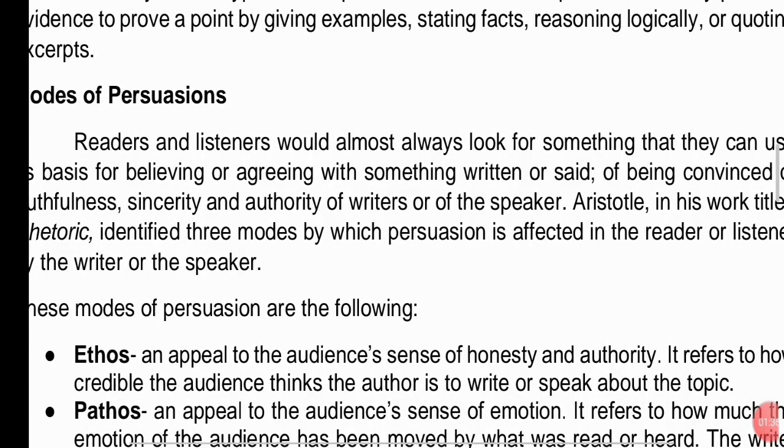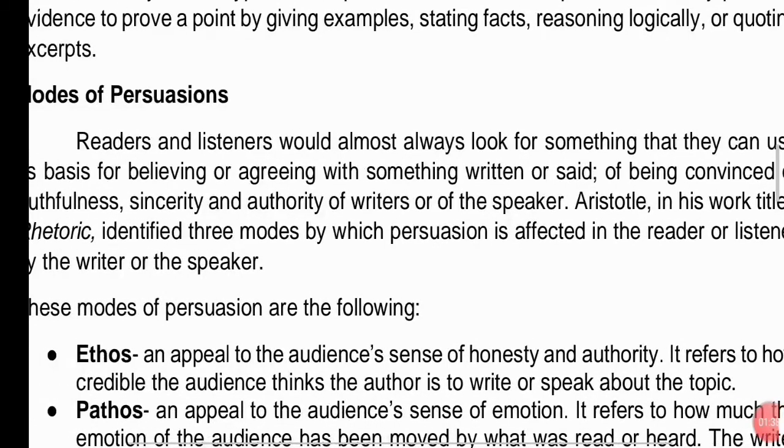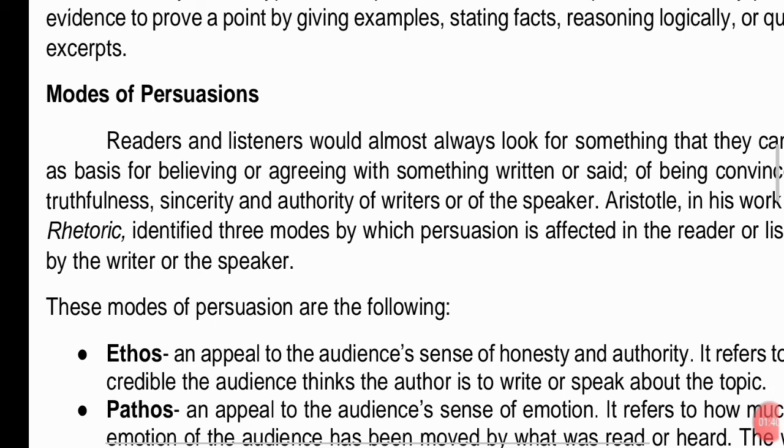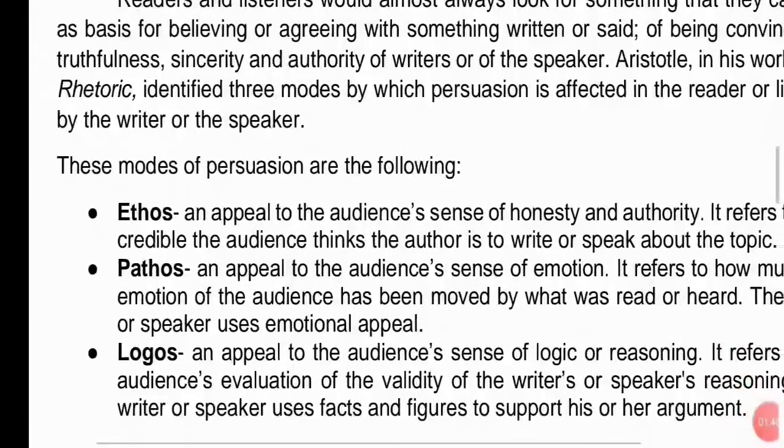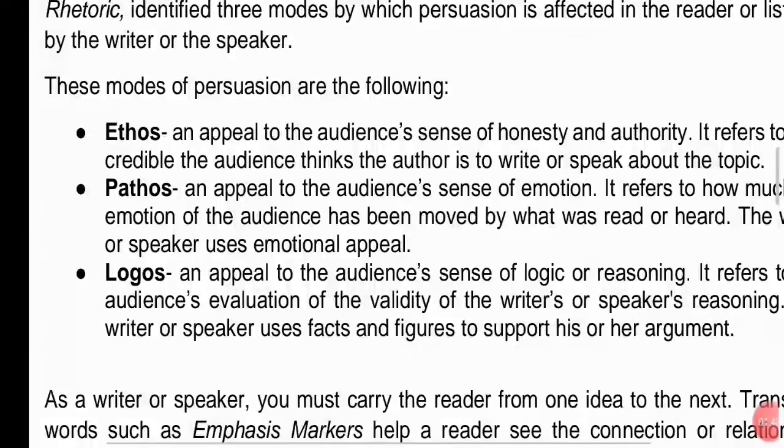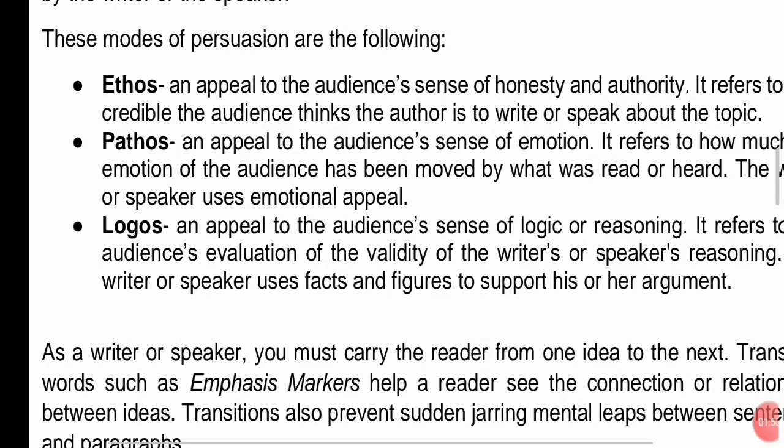Okay. Aristotle, in his work titled Rhetoric, identified three modes by which persuasion is effected in the reader or listener by the writer or the speaker. So we have three modes of persuasion: ethos, pathos, and logos. These are the different appeals to the audience. When we say ethos, this is the appeal to the audience's sense of honesty and authority.